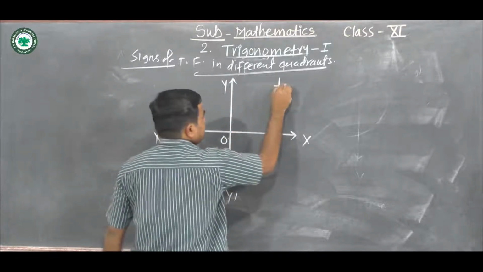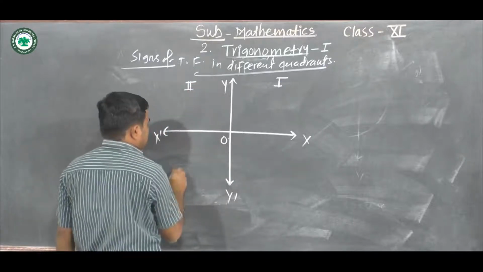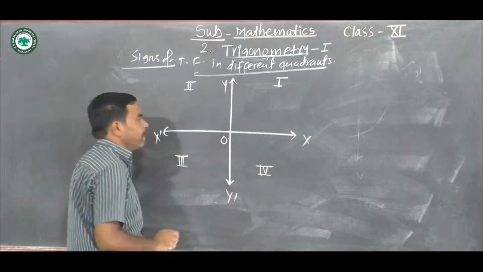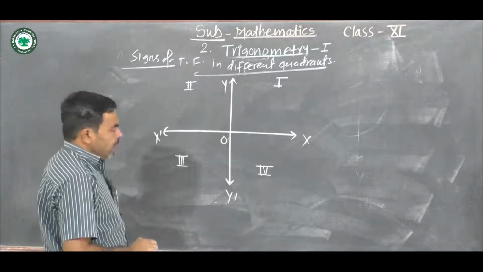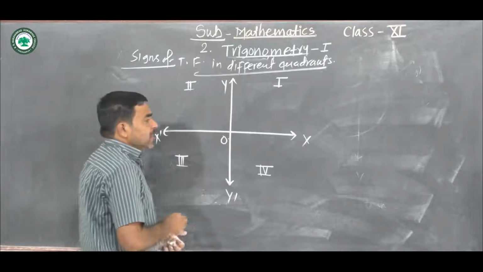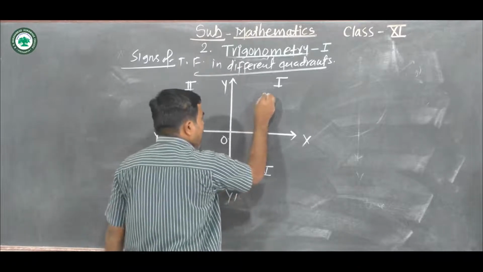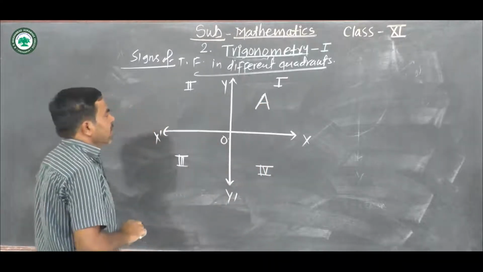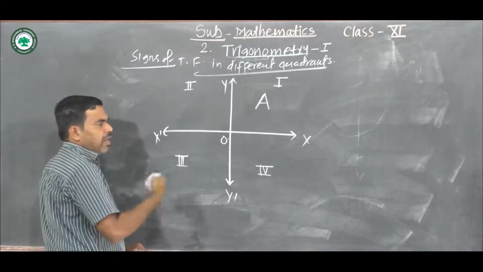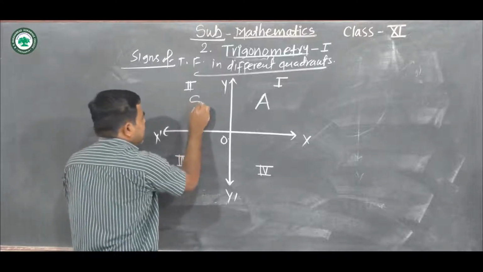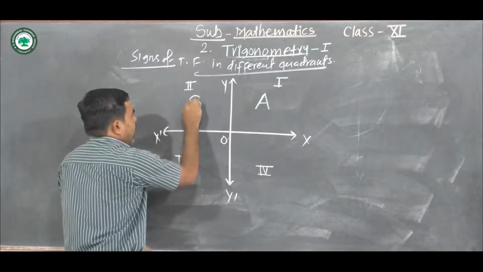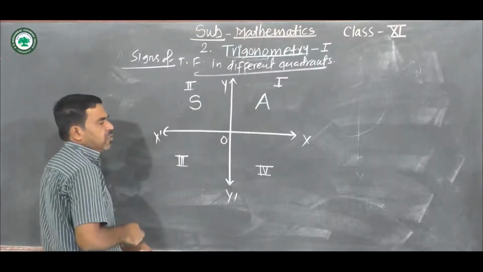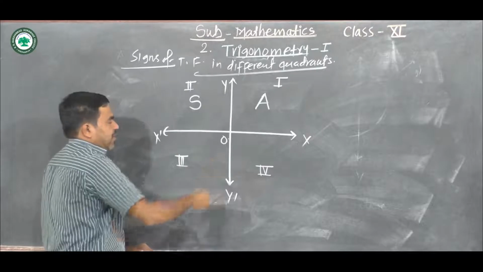You know that this is first quadrant, this is second quadrant, this is third quadrant, and this is fourth quadrant. You know that in first quadrant all are positive, so for all we have to write the letter A. In second quadrant sine and cosec are positive, just write S. So S means sine and its reciprocal is cosec.